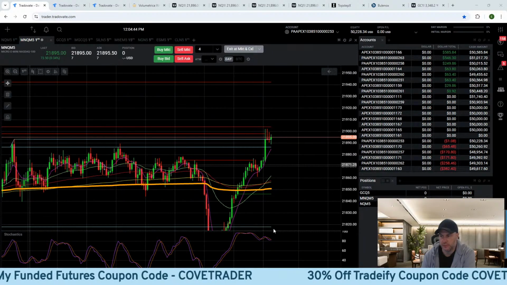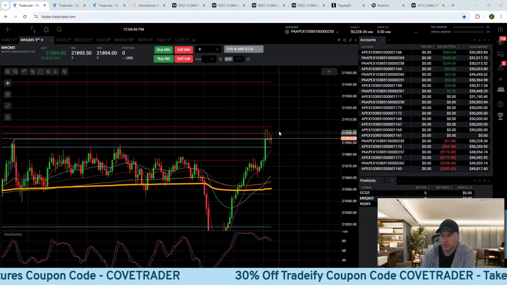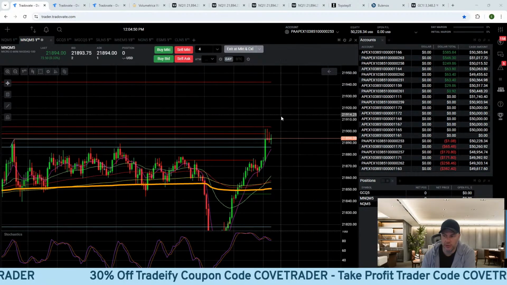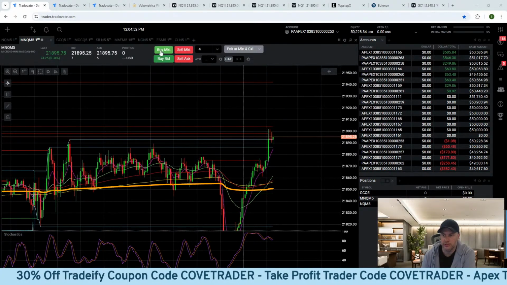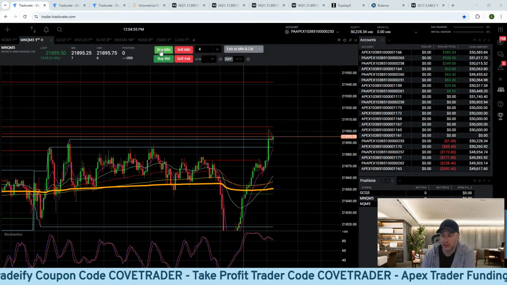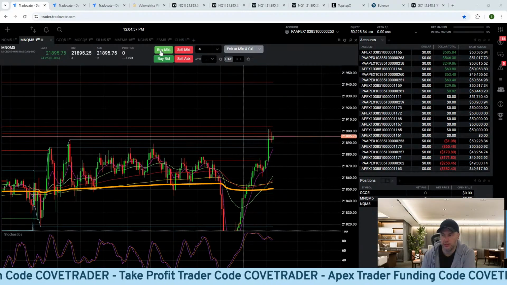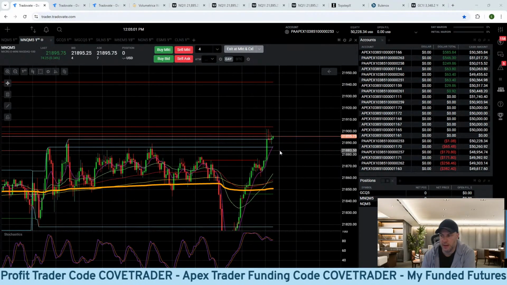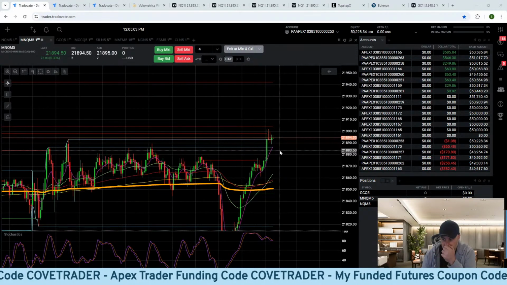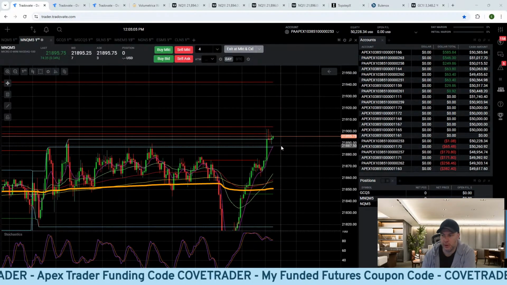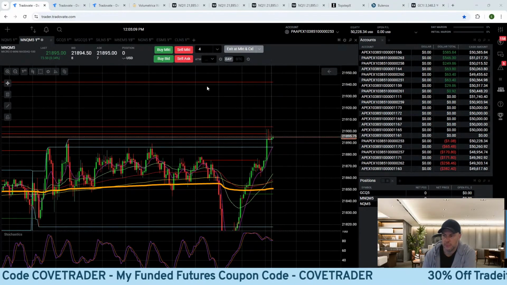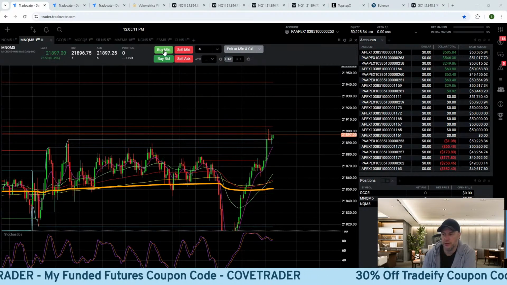I'm just watching. 902 is the pivot. We get over that, I think this continues to run over 902. I almost want to take a long, and my stop point would be 83, but I want a better entry, like at 87 maybe.